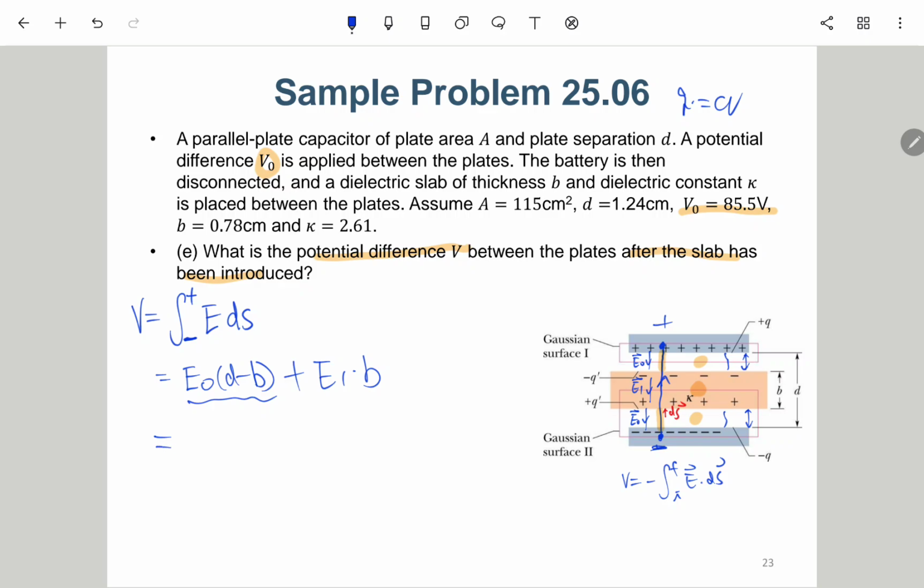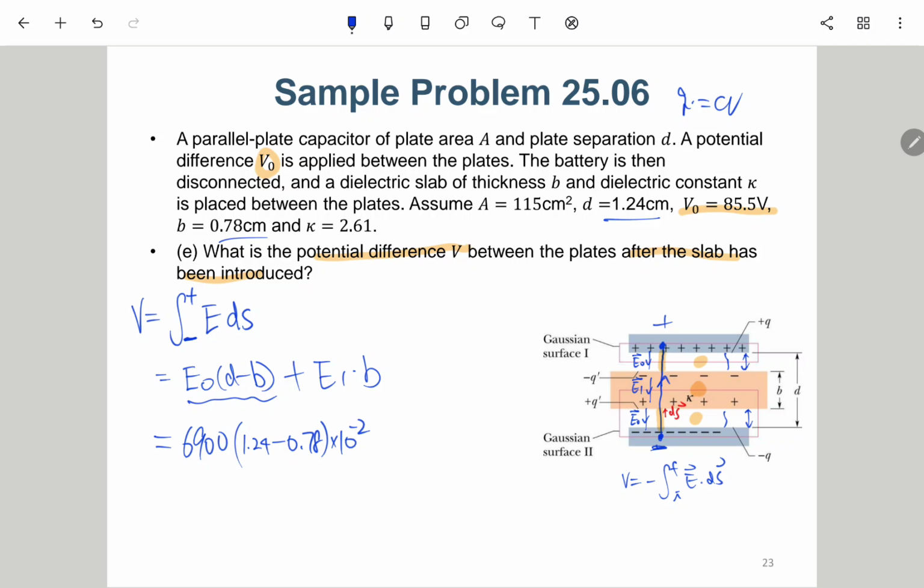So E0, what is E0? E0 just now we know is 6,900 volt per meter. D minus B, D is here, B is here, so D minus B is 1.24 minus 0.78 times 10 to negative 2.